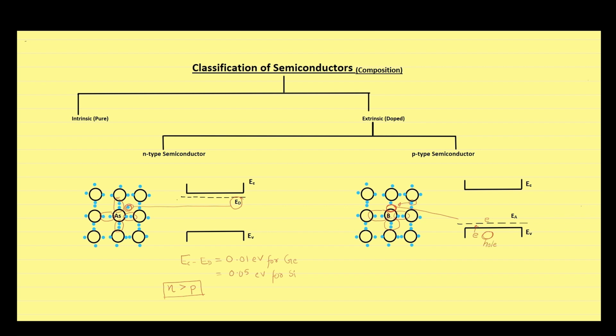One thing you should keep in mind is that EC minus ED and EA minus EV have approximately equal values for equal concentrations of impurities, and this will eventually depend upon the concentration of impurities added to the pure semiconductor. These values are taken for a moderately doped semiconductor, doped in the ratio of 1 part of dopant to 10 raised to the power 8 atoms of silicon.